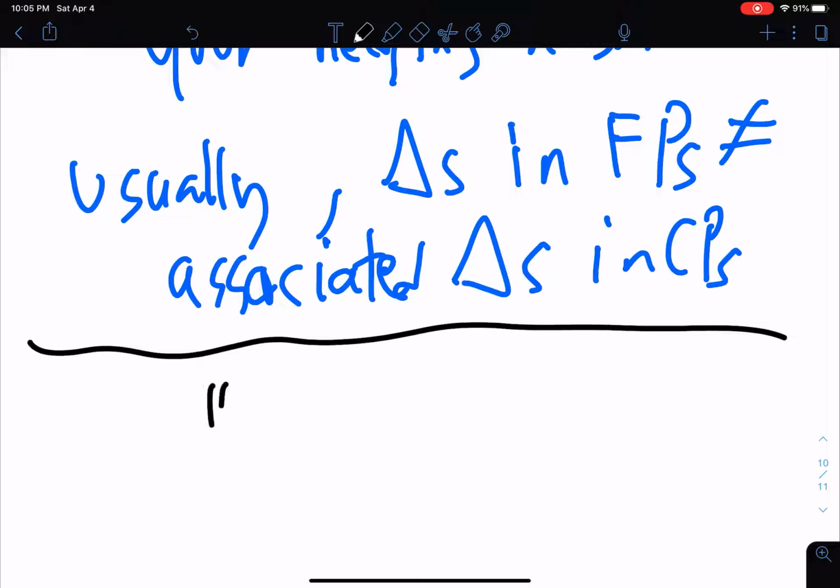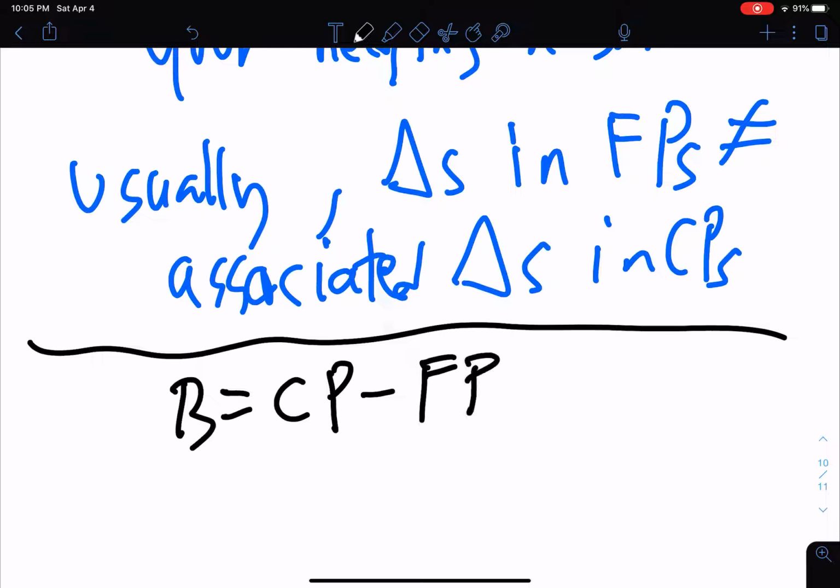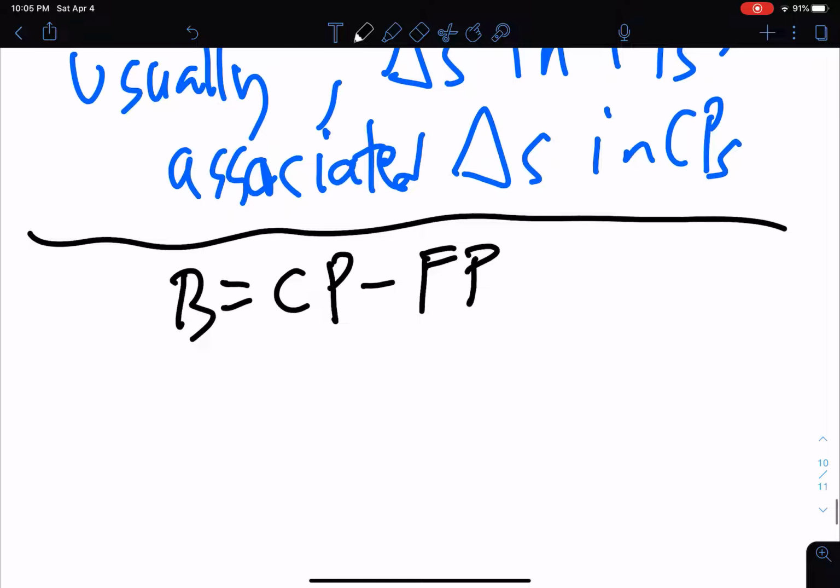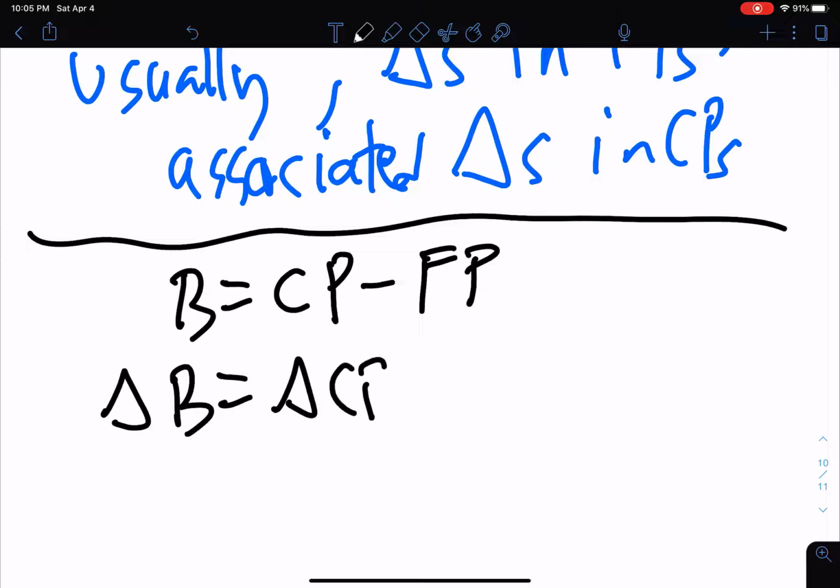The basis is equal to the cash price minus the futures price. And therefore, a change in the basis would be equal to the change in the cash price minus the change in the futures price.